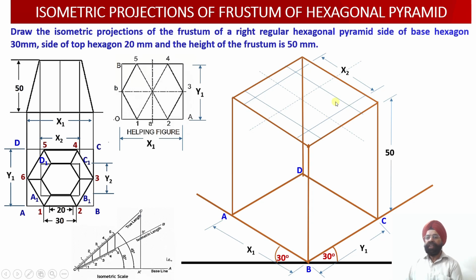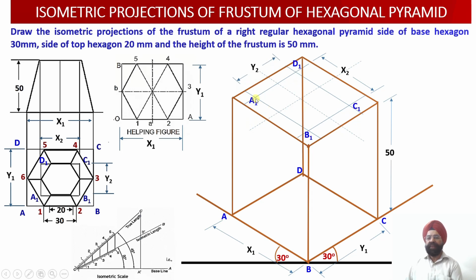So now the two rectangles have been obtained over here from the true length. Now the corresponding 6 points of the outer hexagon will be located onto the base, and the corresponding 6 points of the smaller hexagon will be located onto the top. So let us do it. Here we are going to start once again by working out these points.